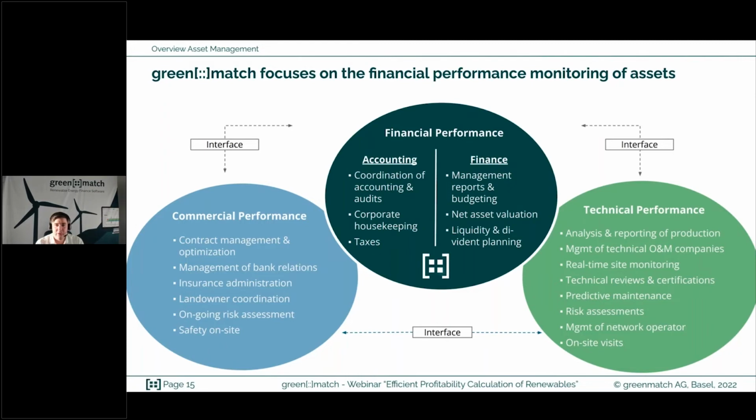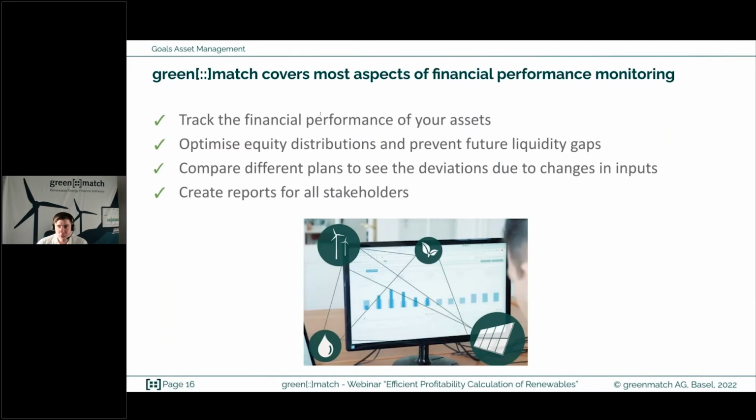And this has to be said at that point. greenmatch clearly focuses on the financial performance monitoring of assets, especially the finance part. So to do management reports and budgeting, you can do the net asset valuation with it, liquidity and dividend planning. So greenmatch covers most aspects of financial performance monitoring.